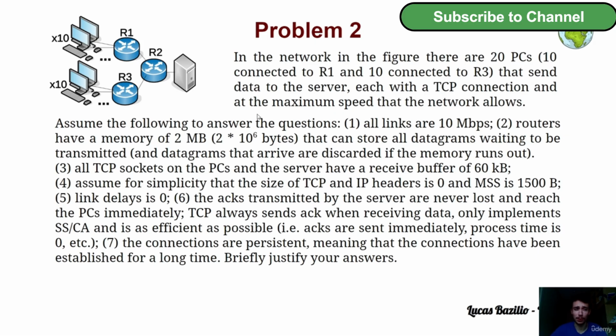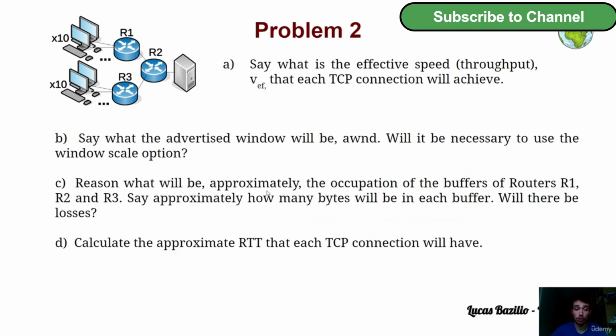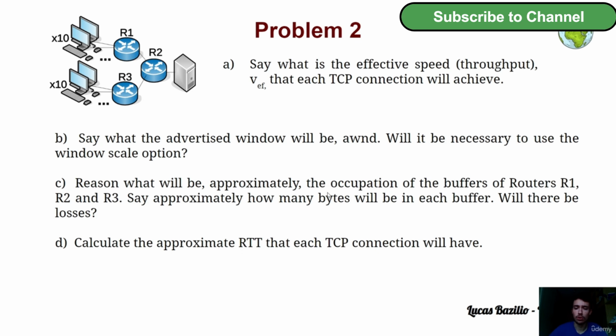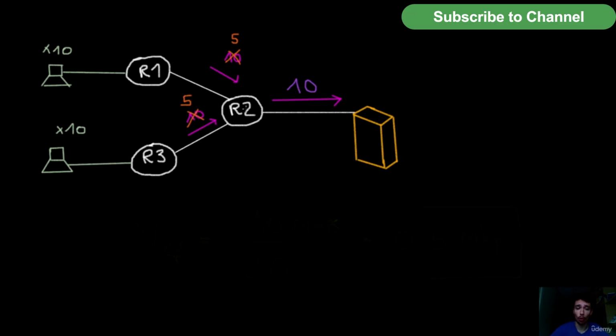Remember that we already introduced this problem, and we saw in questions A and B that we had this configuration. Now keep in mind, if we need to justify the occupation of the buffers of these routers, on the router R1 we are transmitting a total of 5 megabits per second, and here also 5 megabits per second.